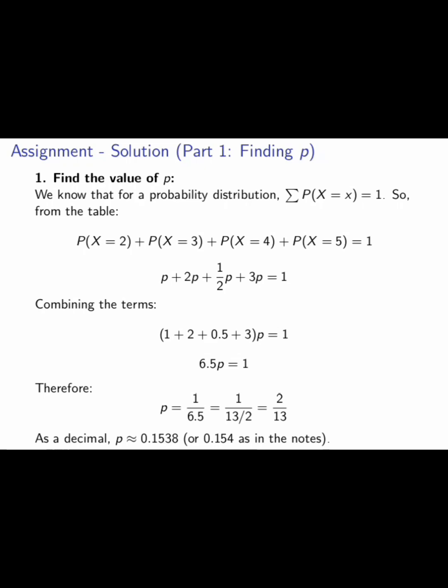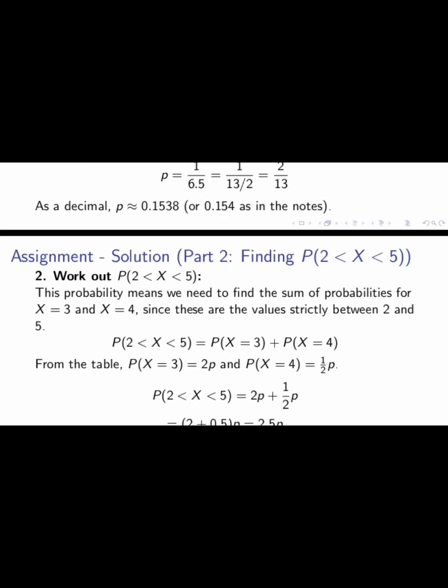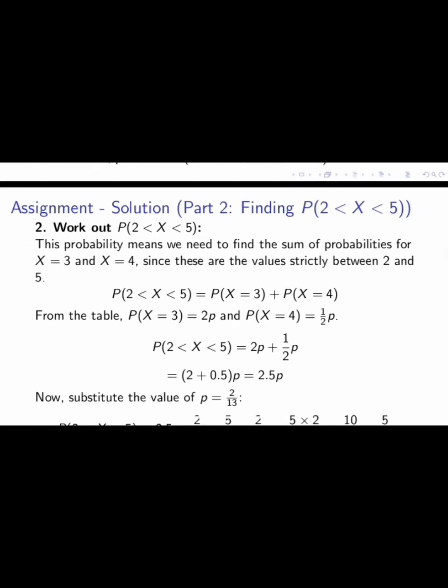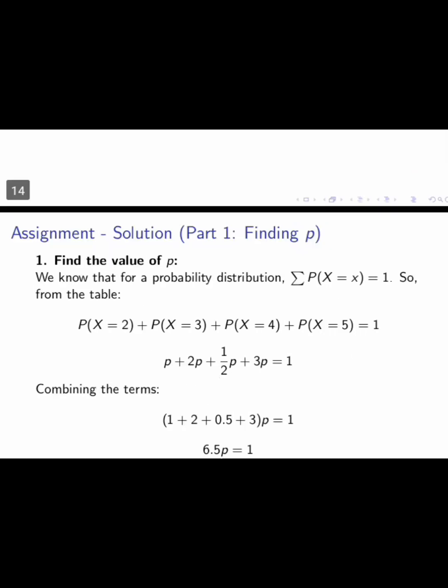Are you getting it? Now part 2 says that we should find the probability of x less than 5 and x greater than 2.